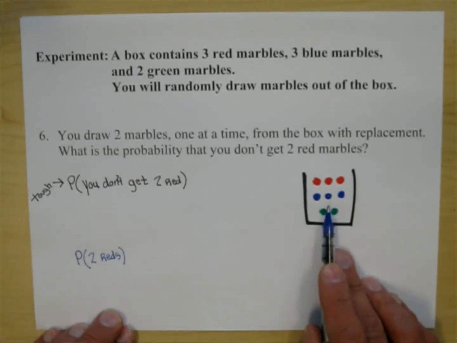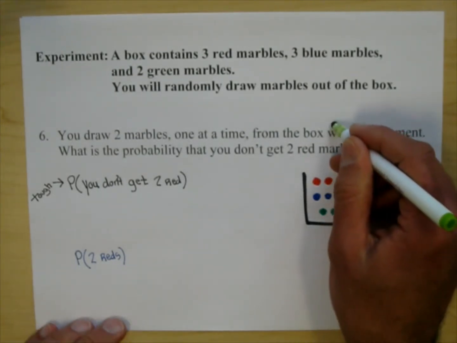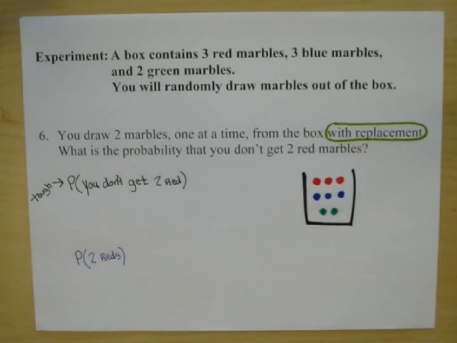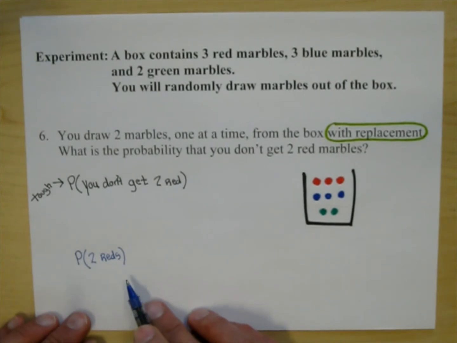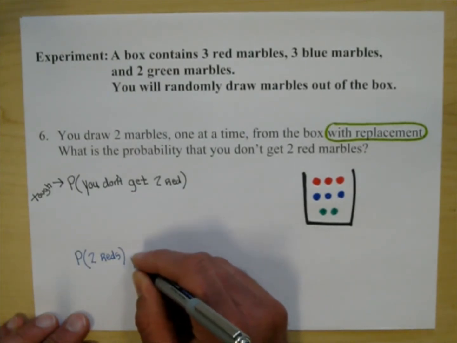You're going to pull out of this box. Now notice what it says here. It says with replacement. Now you might be thinking, well, does order matter, or is it not necessarily in that order? We don't care because it's all of the same color. So I'm just going to do in that order, one probability at a time.